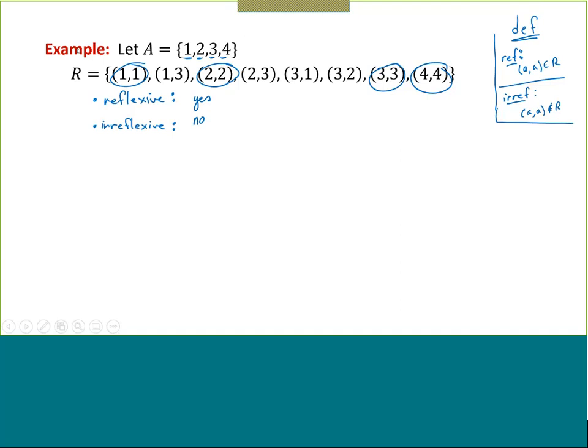As soon as you have these ordered pairs involved like this, it's often one or the other, but that's not the only thing that can happen. So here, let's do the reason of why this is a no. No, because we actually had the ordered pair 1,1 in our relation. And it didn't even matter that we also had the ordered pairs of 2,2, 3,3, and 4,4. As soon as you had that first ordered pair of 1,1, you weren't going to be irreflexive because irreflexive says none of those doubled up ordered pairs.